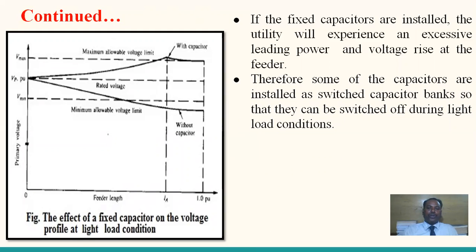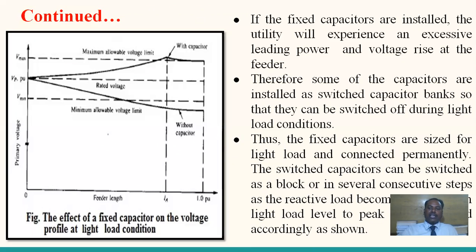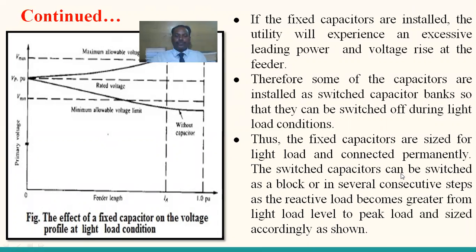So therefore, some of the capacitors are installed as switched capacitor banks, so that they can be switched off during light load conditions. Thus, the fixed capacitors are sized for light load and connected permanently.